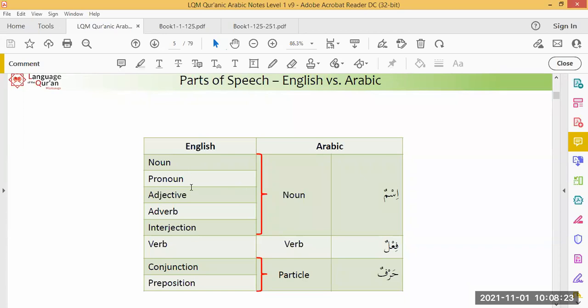So noun, pronoun, adjective, adverb, interjection: in Arabic, they have one category. The category is noun. They put them into noun, ismun. The second is verb, which in Arabic we call fe'lun.